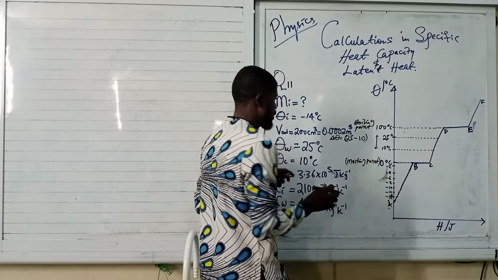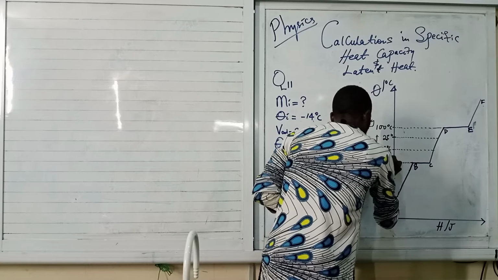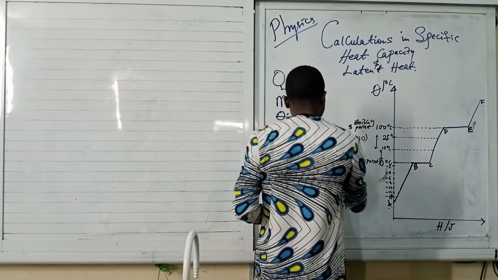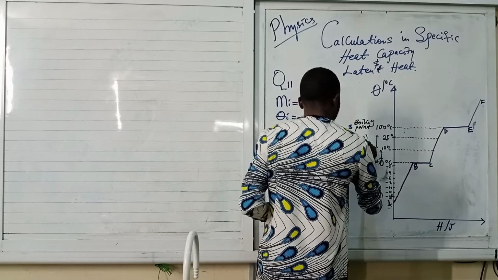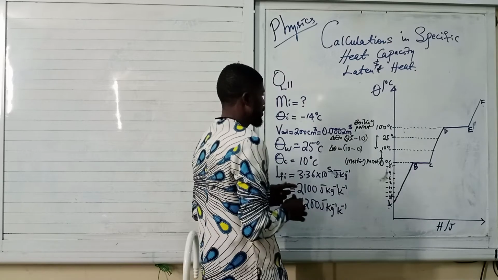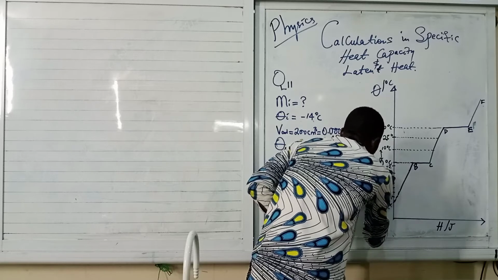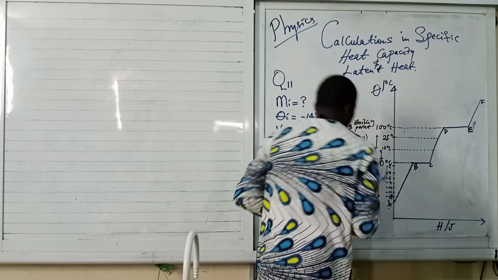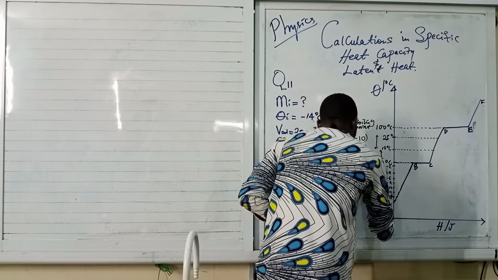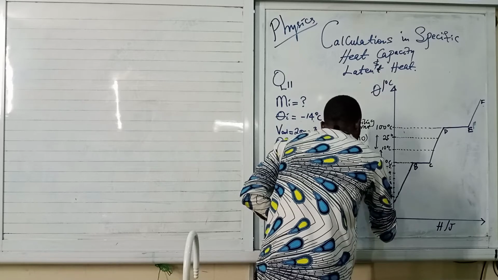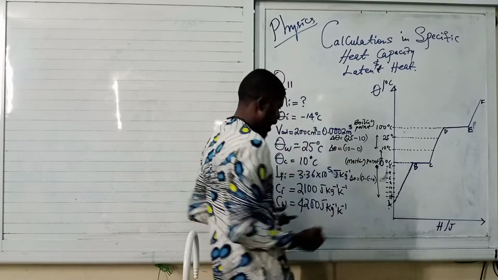Then another change in temperature from 10 to 0 degrees is 10 minus 0. And then from 0 degrees down to -14, the change in theta is 0 minus -14. So these are the changes in temperature that we have.